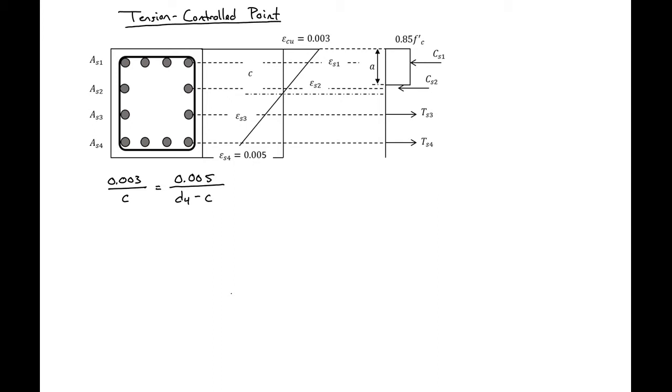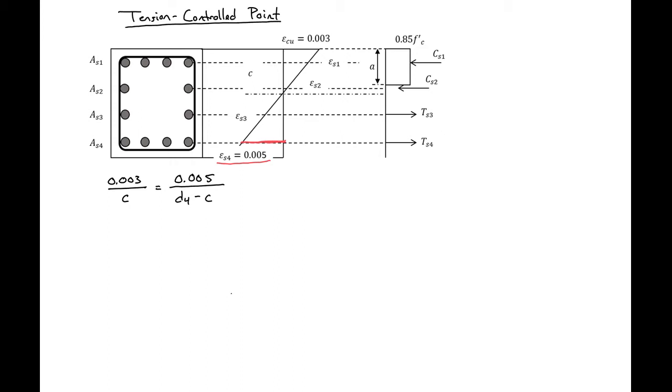So the first point that we're going to find is the tension controlled point. And we can remember that the tension controlled point is the point at which our extreme tension steel or furthest down layer of steel has a strain equal to 0.005.